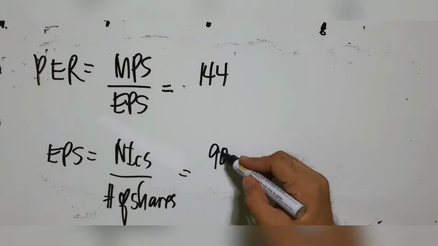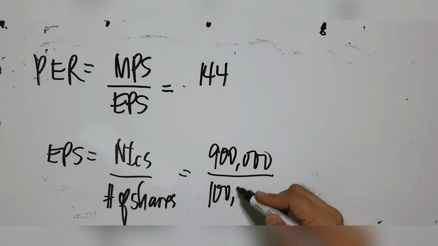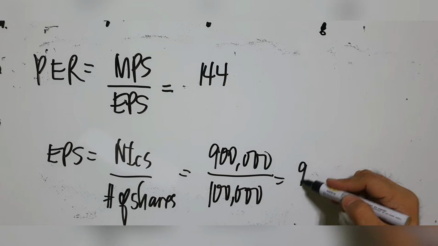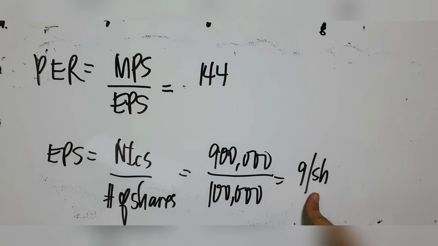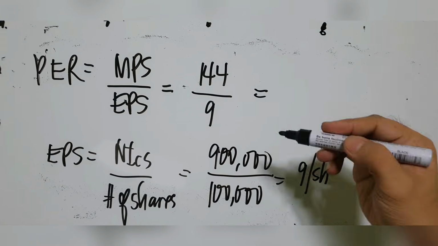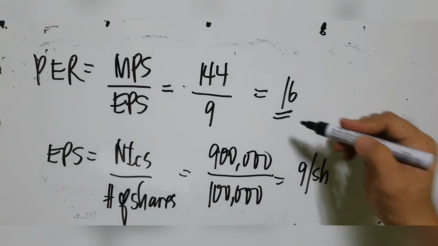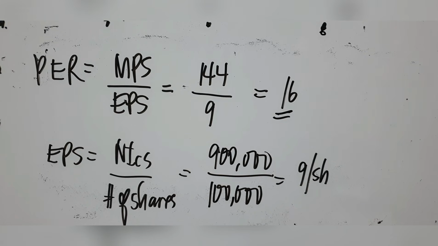So that would be 900,000 over the number of shares. Ilan na number of shares natin? Common stock, 100,000. So that would be 9 per share. So if that's the EPS, you just put it here. So the price earnings ratio would be 16. So that's the answer in problem 7.